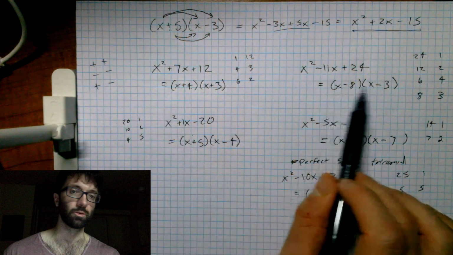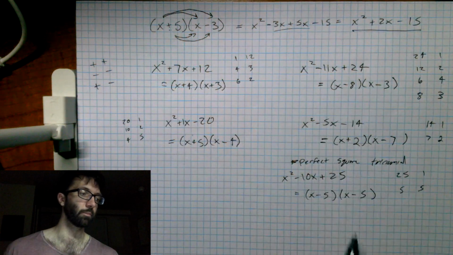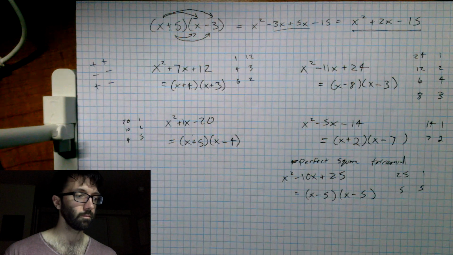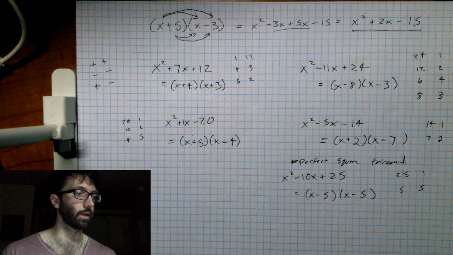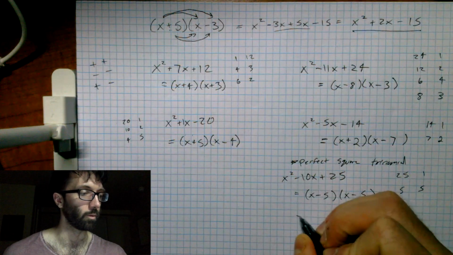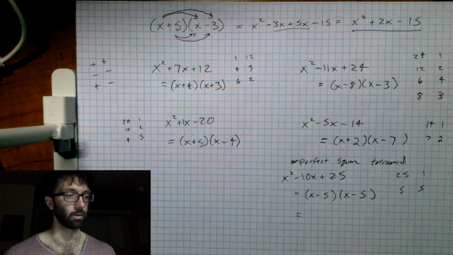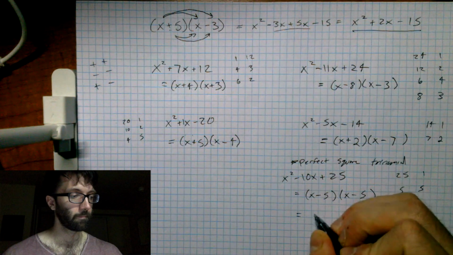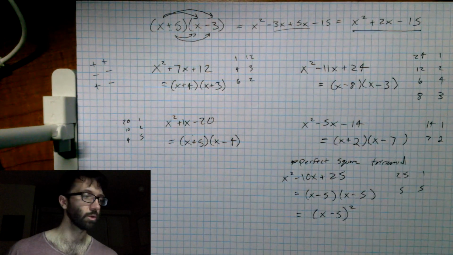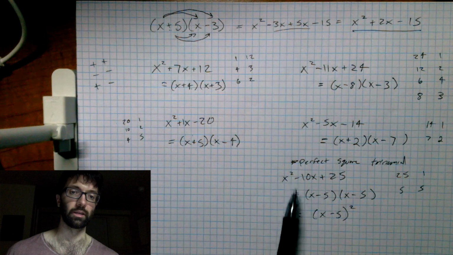They were two distinct binomials. But sometimes we run into a case where the binomials do match, and so we call this here a perfect square trinomial, and then we can rewrite the factored form more concisely as x minus 5 the quantity squared. So all of these three things mean the exact same thing.